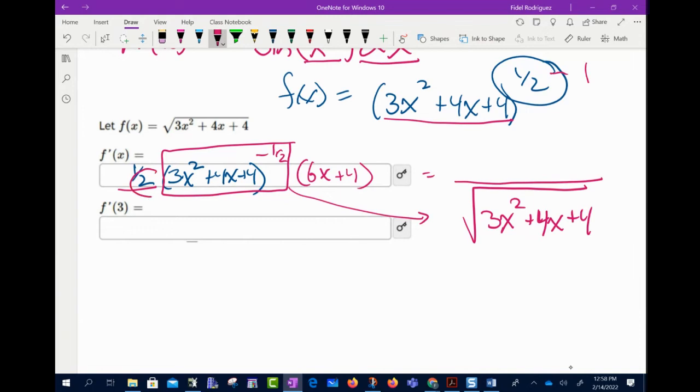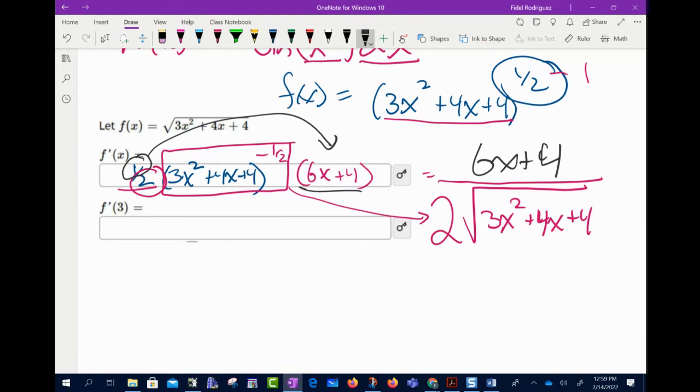Second thing, do you see how this 2 is on the bottom? So I'm just going to put that 2 on the bottom right next to it. Okay. My question to you is, what would we still be left with on the top? Yeah, and just to give you a general form, y'all, see how we have this 1 on the top over here for my 1/2? It would be 1 times that, which again is still 6x plus 4, right? I just wanted to mention the 1 to y'all because if that 1 was, say, a 3, I'd have to multiply it by this other piece right here. Okay?